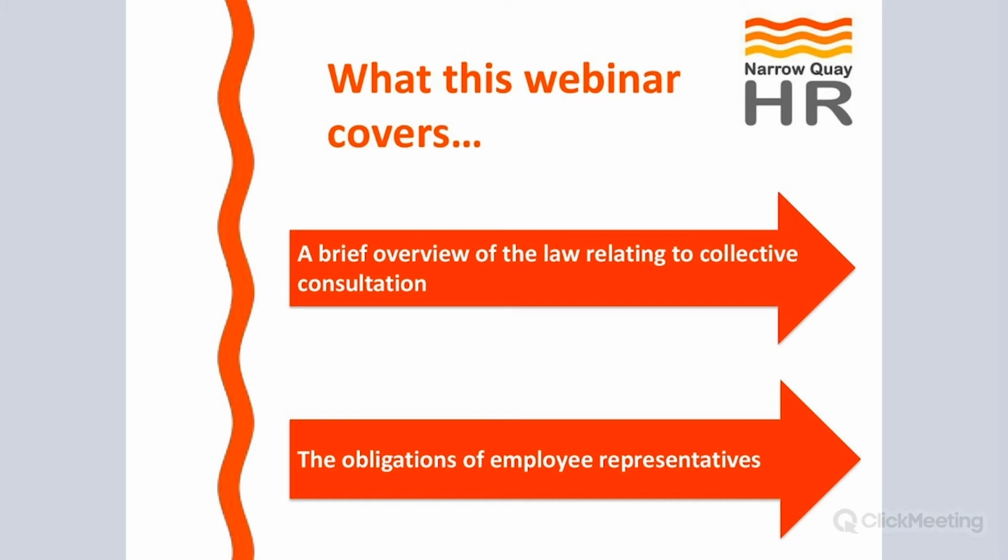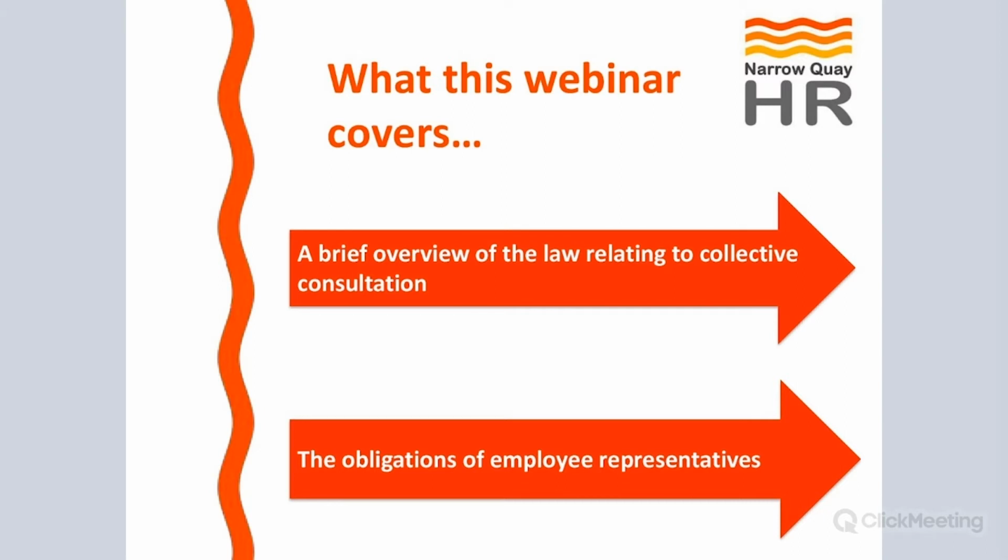Why is it important to get this right? Well, there are draconian penalties for employers that don't follow the collective consultation obligations and are subject to claims in the employment tribunal. And those claims can be for up to 90 days gross pay for each dismissed employee.